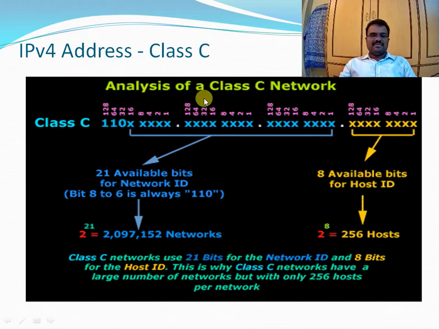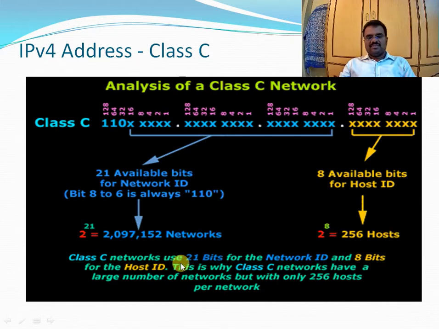Analysis of class C. Here we can see that the first 3 bits in the octet, 110, are used to identify that it's a class C address, and the remaining 21 bits are used to identify the network ID. So the first bits are always 110, and 2 to the power of 21 is the number of networks, and the last 8 bits are used to identify the host ID. 2 to the power of 8 is equal to 256 hosts.